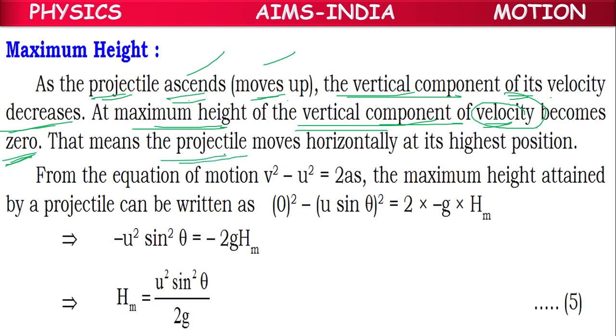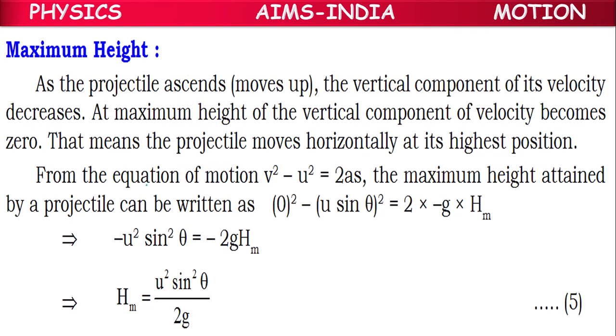Means the projectile cannot move vertically at that place; it can move only horizontally. At its highest position, the projectile moves horizontally only, not vertically, because vertical velocity is becoming 0.